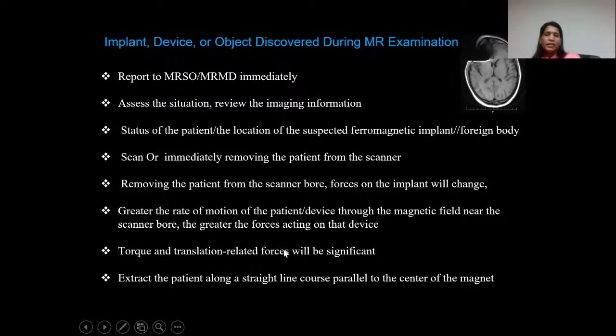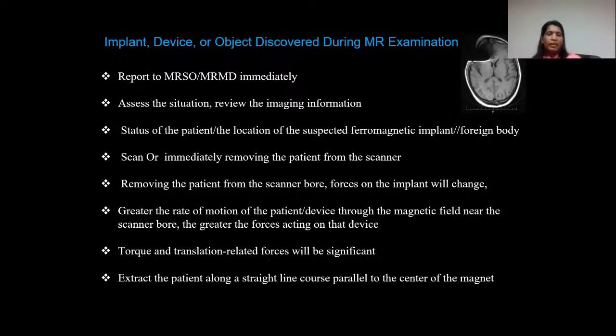We can quickly review all the patient's films and whether they have had any prior MR imaging, and whether this artifact was there previously. If the decision is to remove the patient from the MRI, then you have to be very careful. You have to move the patient slowly out.